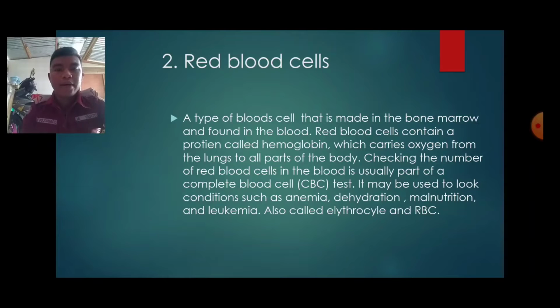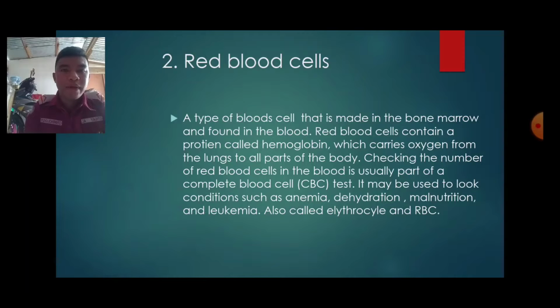And the red blood cells, a type of blood cell that is made in the bone marrow and found in the blood. Red blood cells contain a protein called hemoglobin, which carries oxygen from the lungs to all parts of the body.